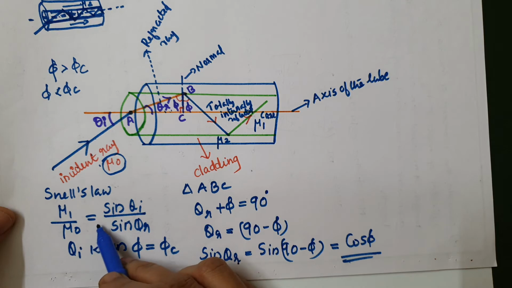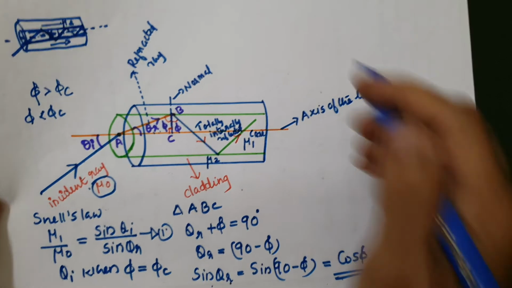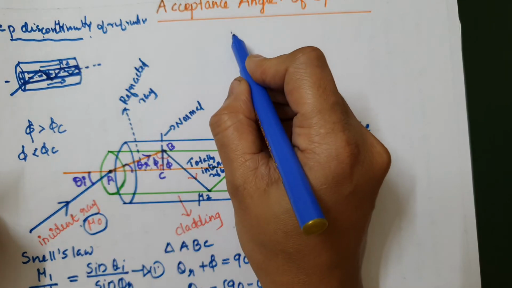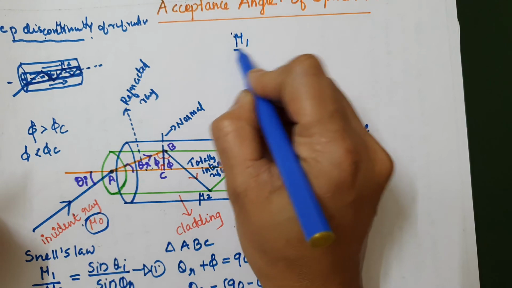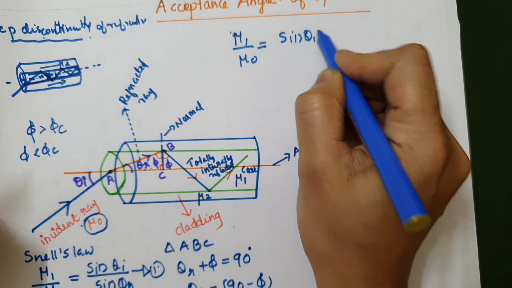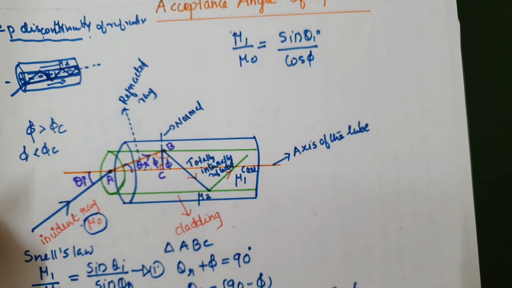Then this equation, this is noted as equation 1. Then equation 1 becomes mu 1 by mu 0 is equal to sin theta I divided by cos phi.